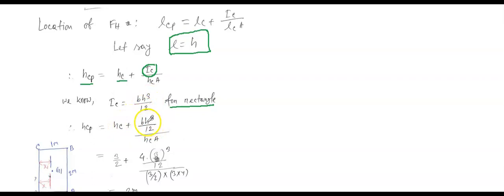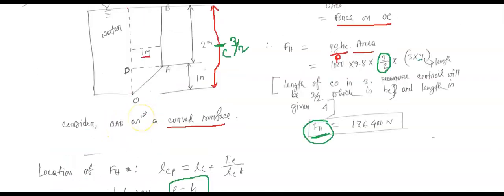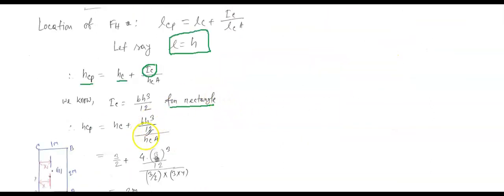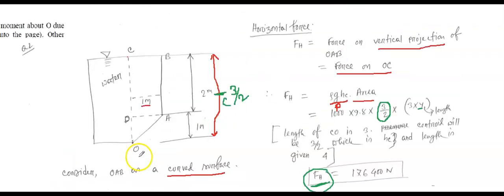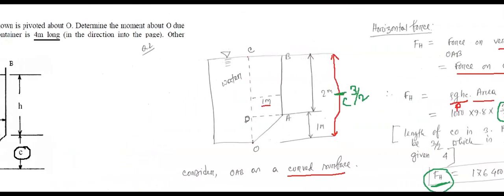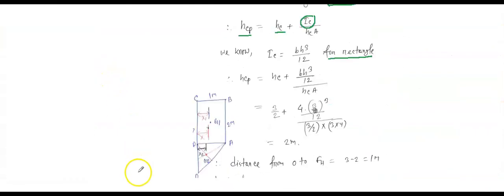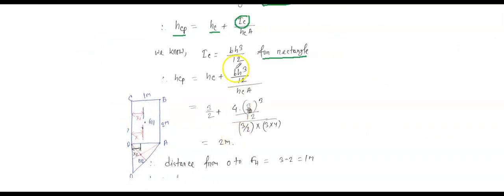So put it here. We know the HC, this is 3 over 2. We know the B, the length. So look here in the question. It is actually 4 meters long, the container. So this is 4, and we have the other one.